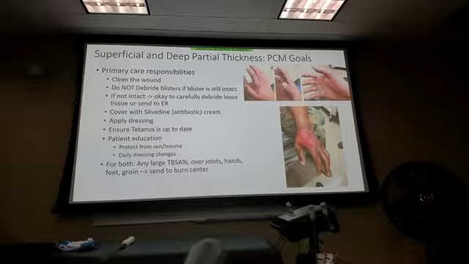Do not try to treat these and just follow them in your clinic. They have to be seen in a burn center, a burn surgeon has to see them, okay? Especially over joints, hands, feet, and groin, right? Those are our functioning things. If these contract because they weren't followed correctly with a burn surgeon, that's a big liability, okay? So we want them to be followed by a burn surgeon.